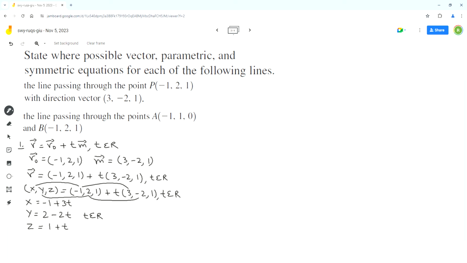Next, we have to write the equation in symmetric form. For that, we have to isolate t from the x, y, and z equations. So let's start with the x equation. We should add 1 to both sides.